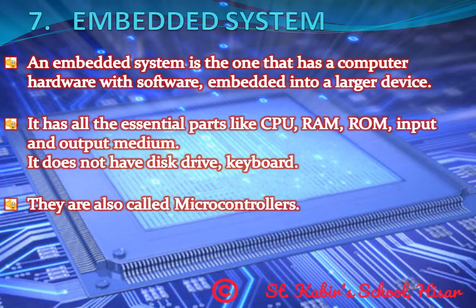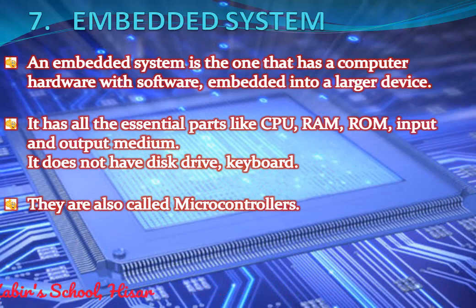Now which is the embedded system which you use for cooking at home? And it should be electric. Yes, that is microwave. Microwave is also an example of embedded system. Does it look like a normal computer?